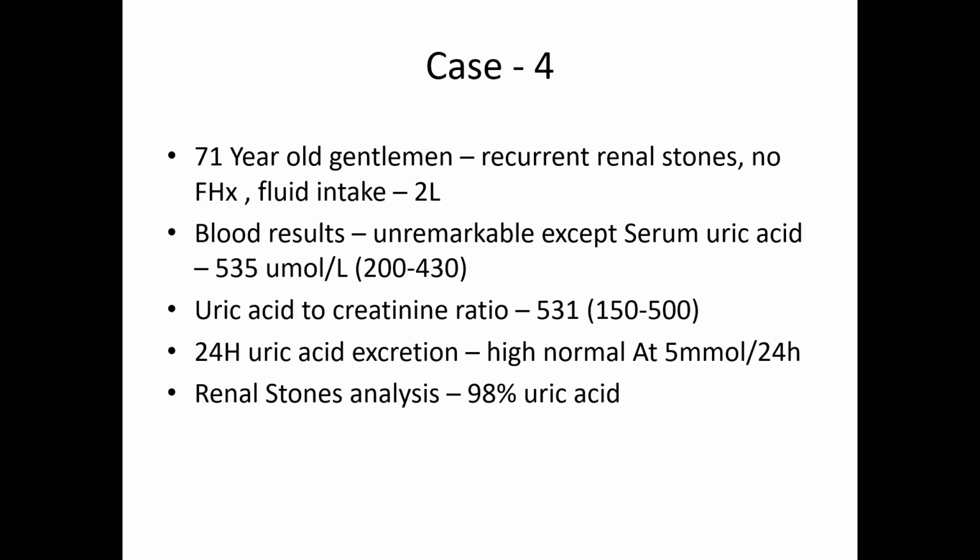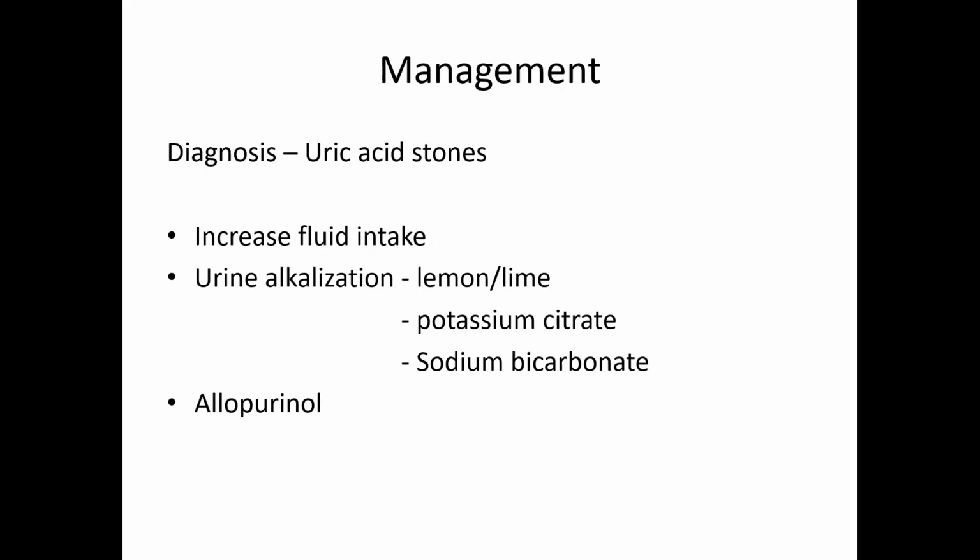Blood results were unremarkable except high uric acid at 535 micromoles per liter, and uric acid to creatinine ratio was slightly elevated. 24-hour uric acid excretion was high normal at 5 millimoles per 24 hours, and renal stone analysis showed 98% uric acid. The diagnosis was uric acid stone. For management of this patient, we asked the patient to increase fluid intake.